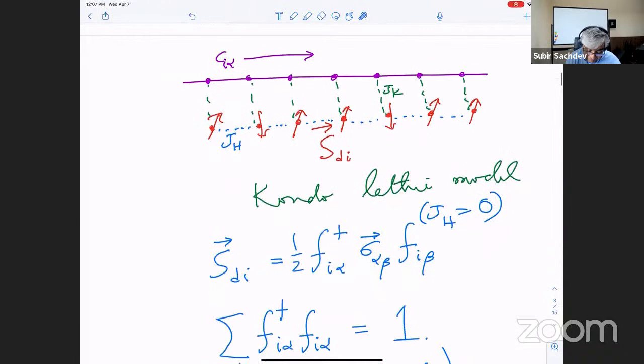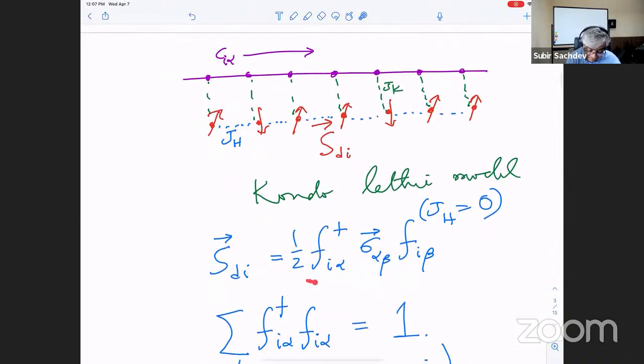All right, so what we do is we take this in the mean field treatment, which becomes exact as the number of spin components alpha becomes large. In the mean field treatment, all you do is insert this operator in the Hamiltonian and do the only trick we know so far in dealing with many body systems: you factorize.